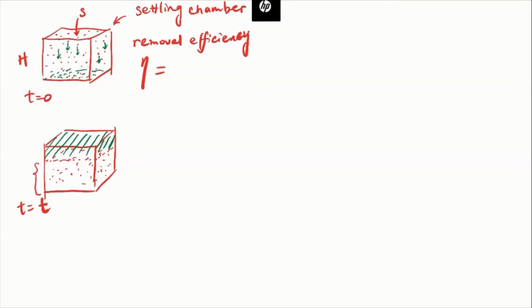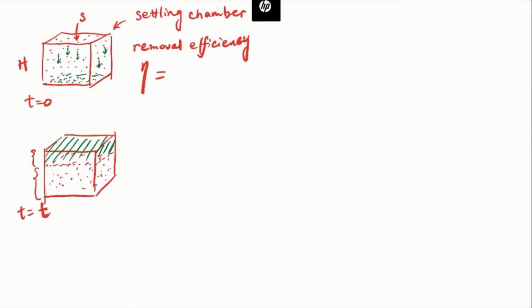So we can quite conveniently express this removal efficiency. That's going to be Vt multiplied by S, which is the volume of this space here, multiplied by the concentration, and then divided by the original amount, which is H multiplied by S multiplied by C. C here is the concentration of the particle.